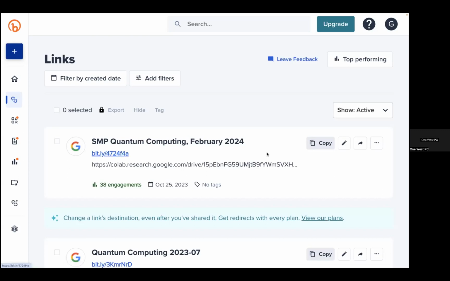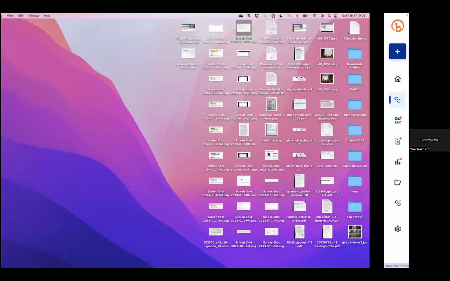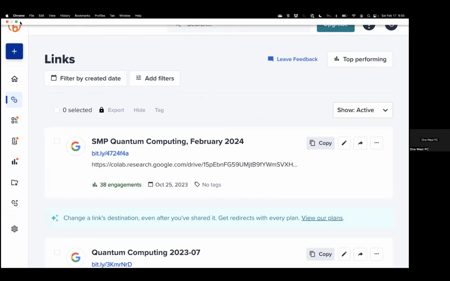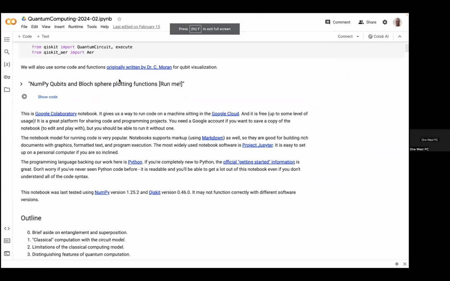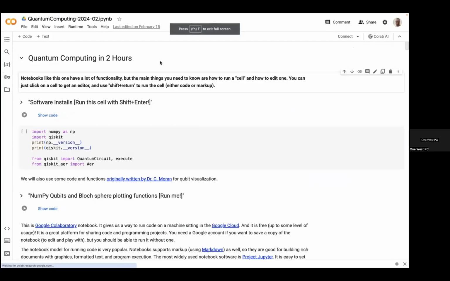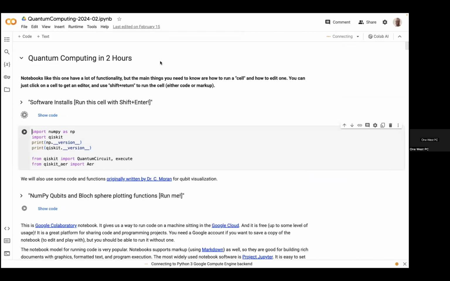You should get this notebook, being hosted as a Google Colab, and that way you actually don't have to install anything. It's all running in the cloud.